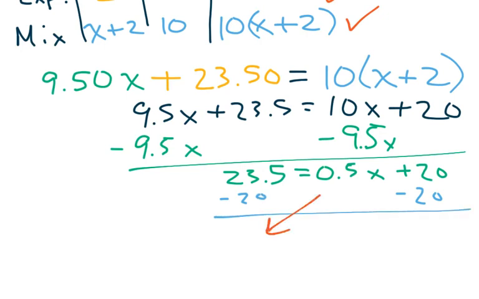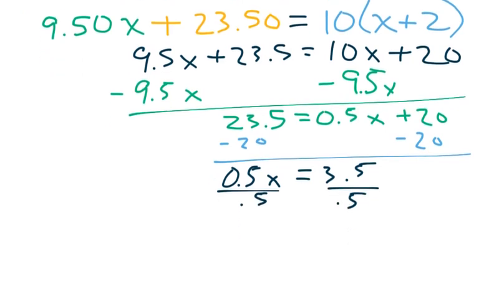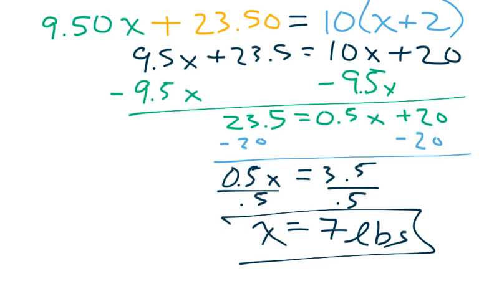Same as we did the last one, even though there's decimals involved, I still feel more comfortable when I put 0.5x on the left is equal to 3.5 on the right. Divide both sides by 0.5, and then maybe you're like, well, I know that dividing by a half is the same as doubling it, so here's x equals 7 pounds.